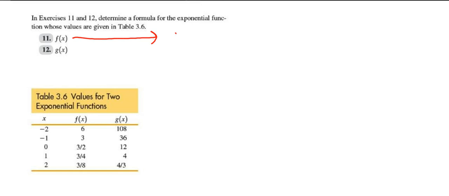So f of x equals something times something to the x power. What's our initial value? Our initial value is 3 over 2.